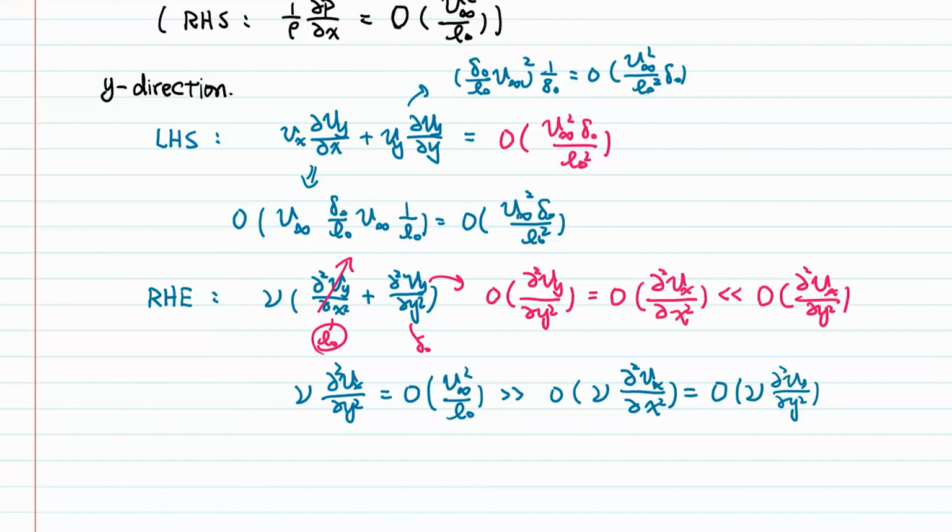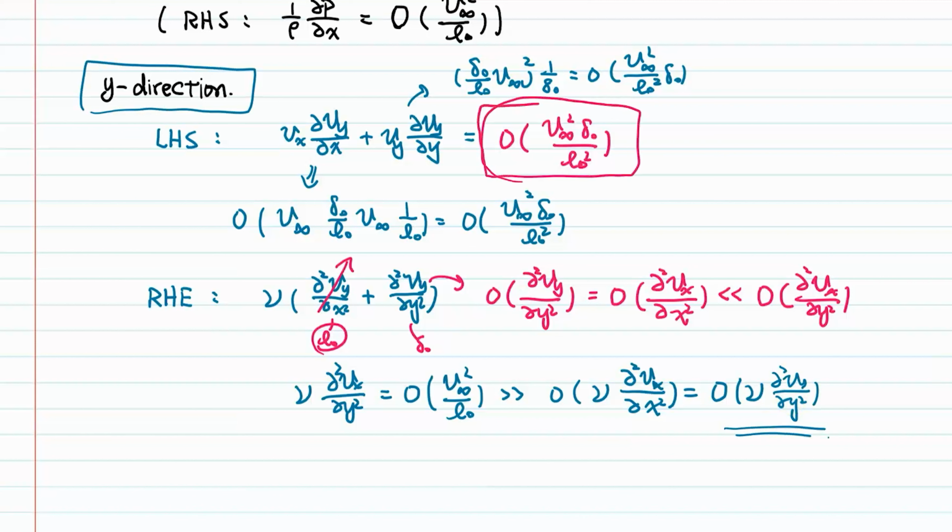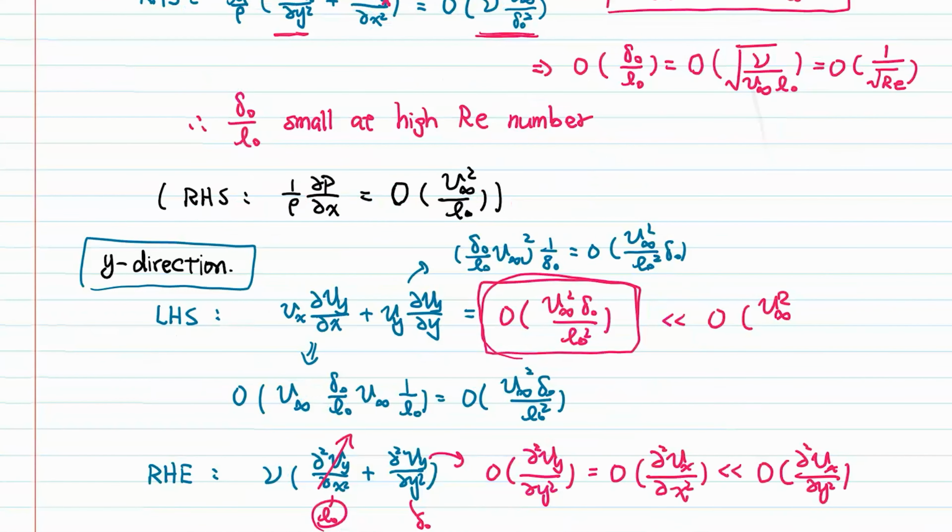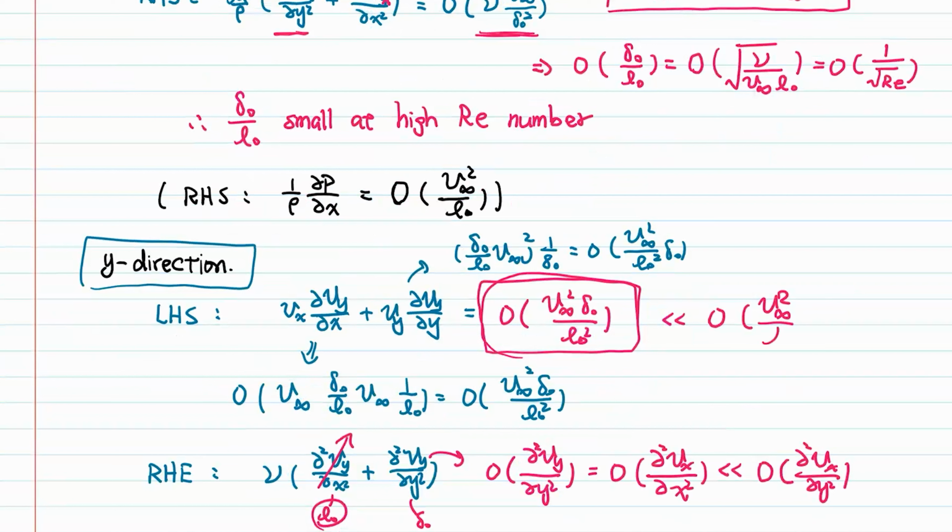So, with this in mind, you can see that the order of magnitude analysis of the y direction already has a much smaller value because this is much smaller than the order of v infinite square over L naught.